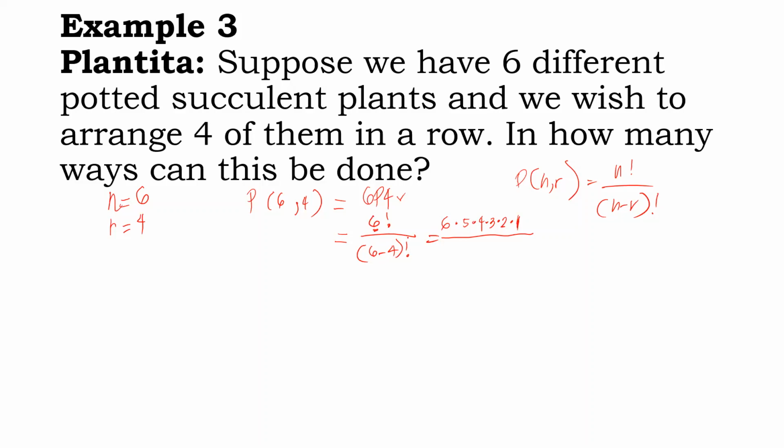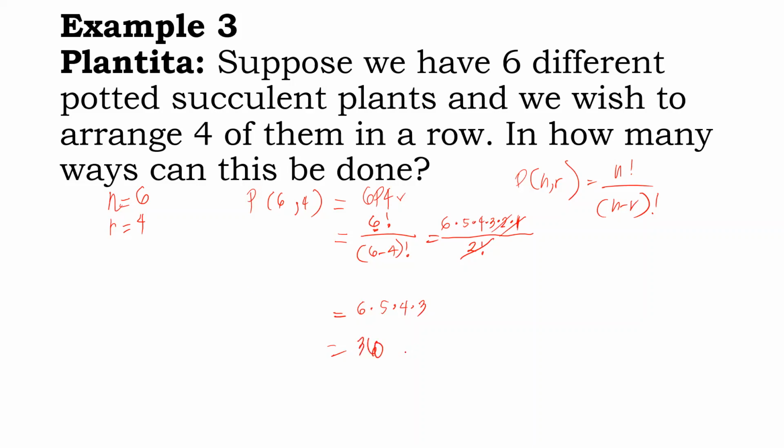Now, 6 minus 4 factorial is 2 factorial. Okay. 2 factorial is just 2 times 1. So we can cancel this 2 times 1 with the 2 factorial below. So what remains on top is 6 times 5 times 4 times 3. Let us simplify 6 times 5 times 4 times 3. That is 360.